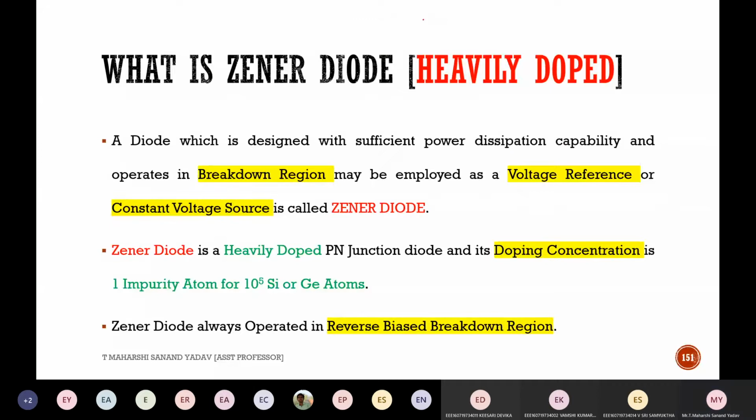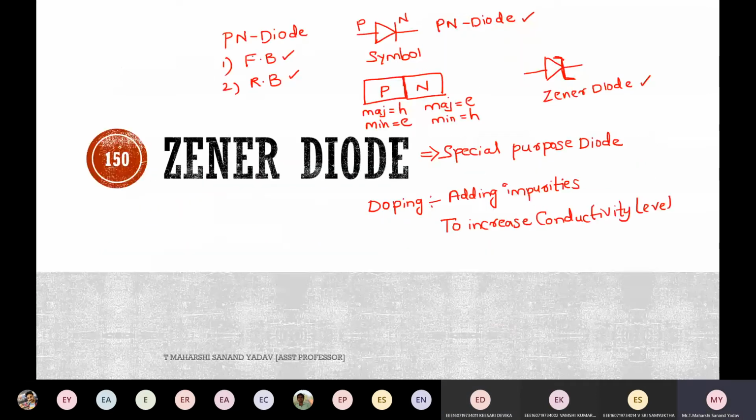So this is heavily doped. What is meant by heavily doped? Highly conductive. See, suppose initially there are 1,000 atoms of silicon.